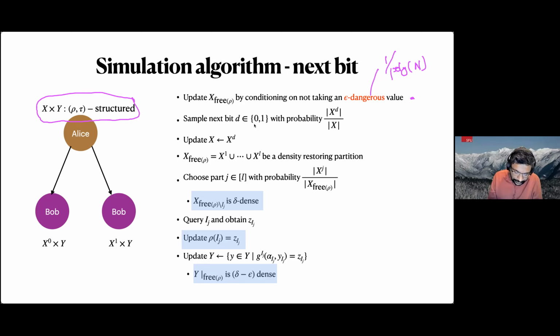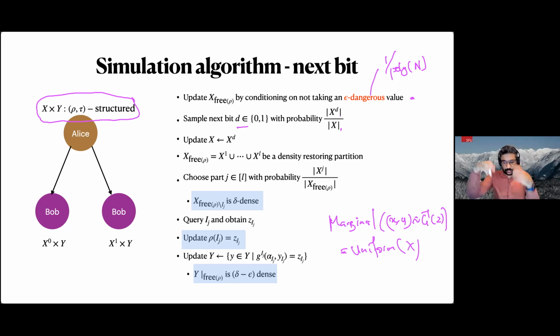And now we sample the next bit with probability x_d over x. Because of uniform marginals, we know that the marginal distribution of this T_c, which is just xy sampled uniformly at random from G inverse of c, which we don't know what it is, is close to uniform on X. So if we are trying to emulate that distribution, the good strategy is to sample the next bit based on the number of x's that go into x0 versus the number of x's that go into x1.